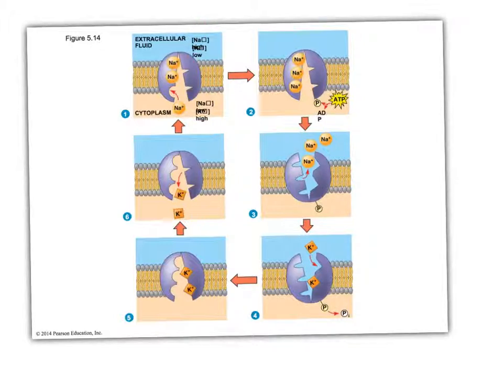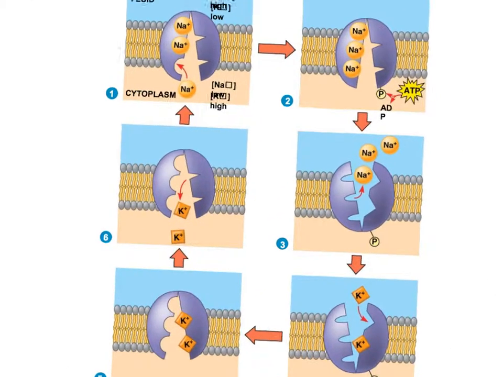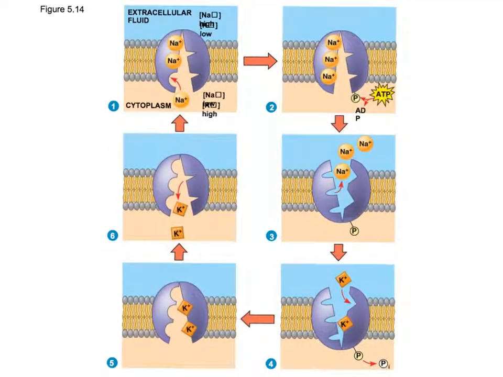Out here it's high sodium, right, and low potassium. Okay? So we're moving sodium against its concentration gradient, moving potassium against its concentration gradient by utilizing ATP. Okay?